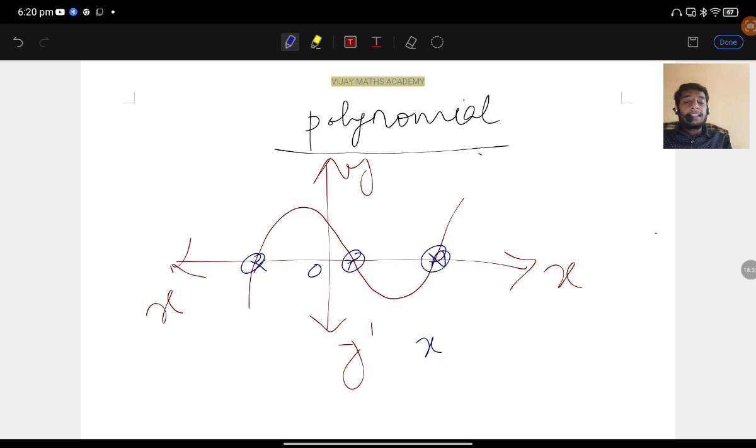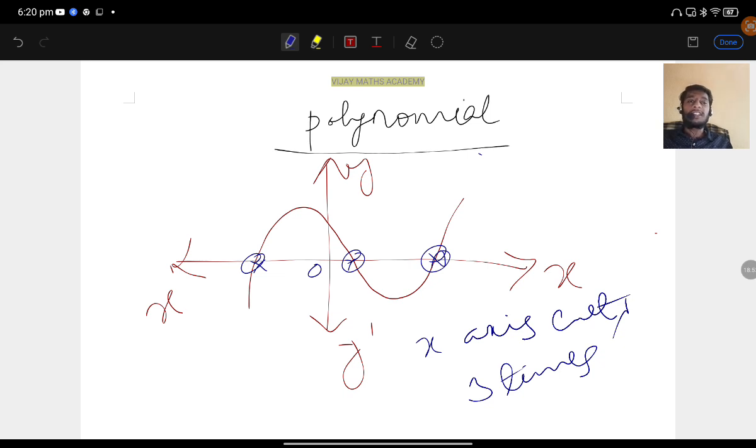So the x-axis cuts three times. So a cubic polynomial has a maximum of three zeros. Either it may be 2, or it may be 1, or it may be 0, but it should not cross the maximum of three zeros.